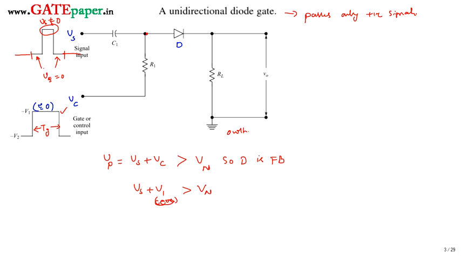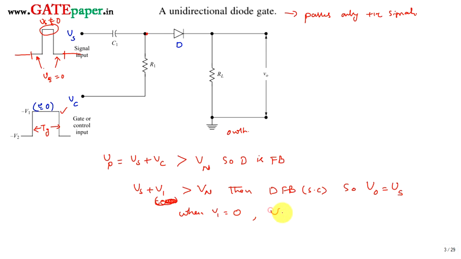So Vs plus V1 should be greater than N, so the diode is forward biased and acts as a short circuit. So V0 is equal to Vs. This is only possible when V1 is equal to 0. Otherwise, output will be equal to Vs plus V1.